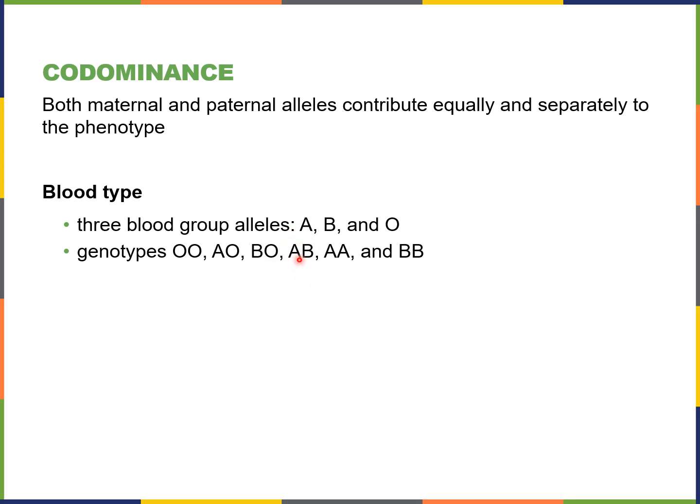So our blood type would actually be AB. AA, that's homozygous dominant, and BB is homozygous dominant as well. But when A and B are together, it would be blood type AB versus O, A, or B. So there's four different blood types, O, A, B, and AB.